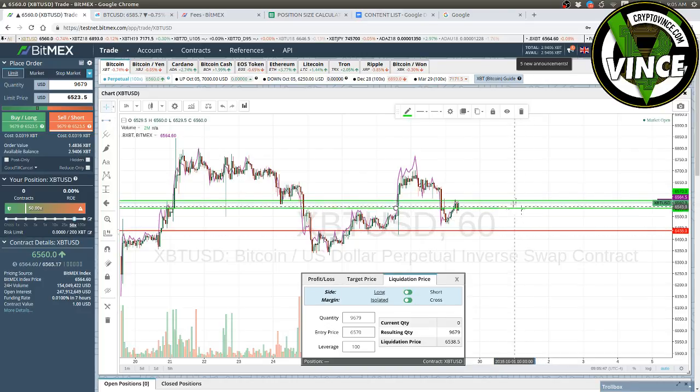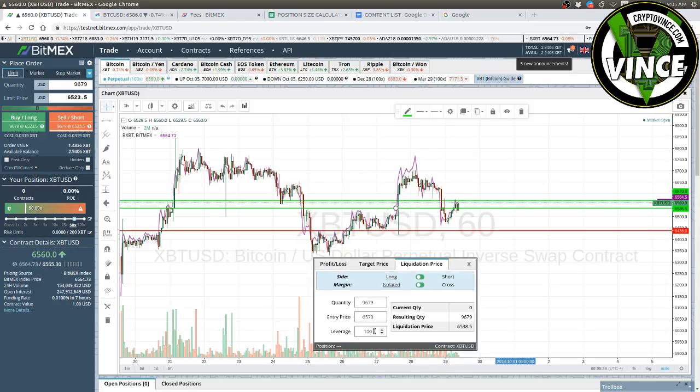You can see you have not too much space, right? As soon as you hit there, you're going to lose all your cost. So you should not use this leverage. In this case, I can crank down my leverage to 50 and see where my liquidation price is.